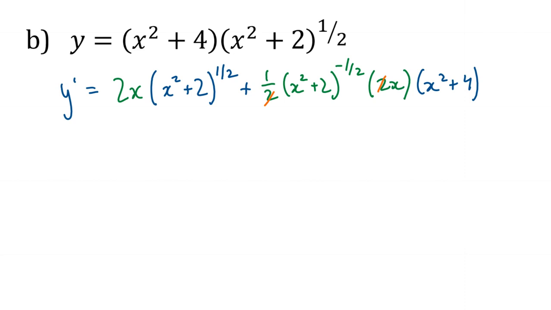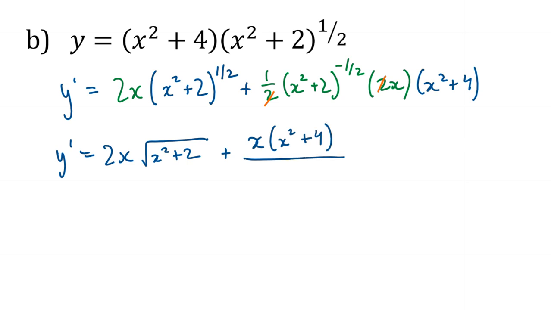Okay, now because I've done it in 2 colors to show where my derivatives are, I'm going to rewrite this to clean it up. So this is 2x root x squared plus 2. You don't have to write it in radical form, but often we do. Plus, but Ibrahim, if you do that, don't forget the x, right? I could see people forgetting the x.